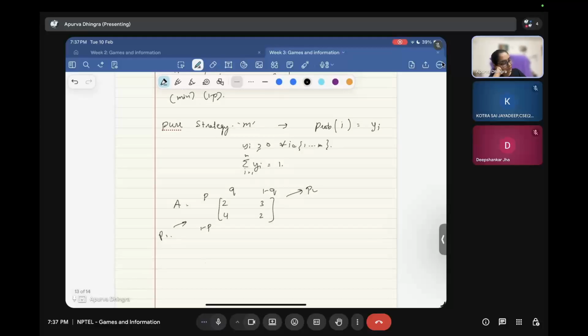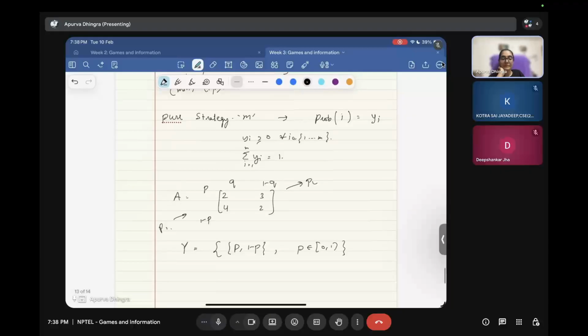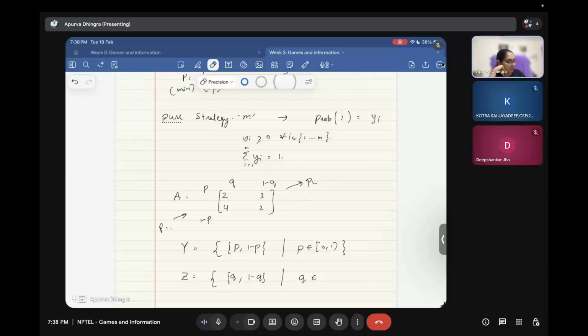So what I've done is I'm saying the strategy space for player 1 is now p and 1 minus p, where p itself can take values between 0 and 1. And similarly, z is q and 1 minus q, where q itself can take values between 0 and 1.